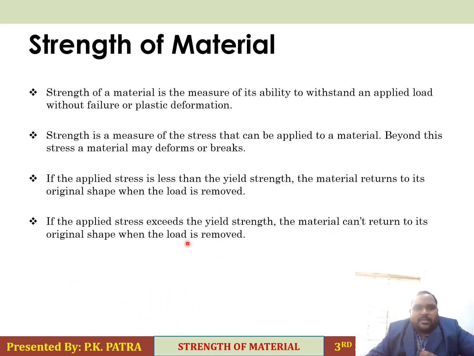Next, what is strength of material? The very first point we can say, strength of material is the measure of its ability to withstand an applied load without failure or plastic deformation. Suppose a load is applied on the material and the material is able to resist the load, but there is no change in shape and size, then the material has adequate strength.